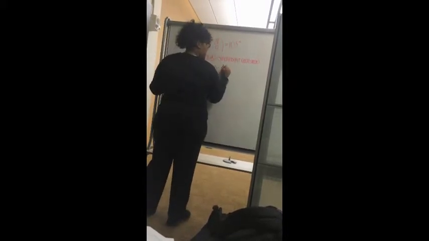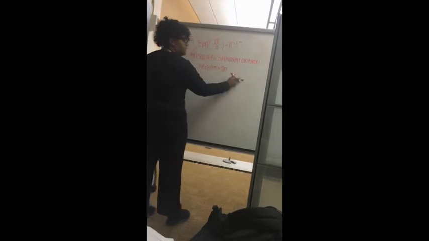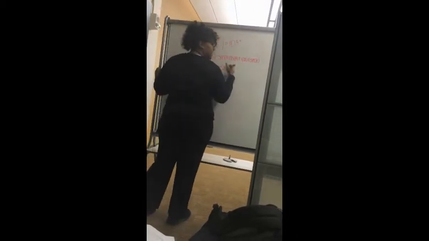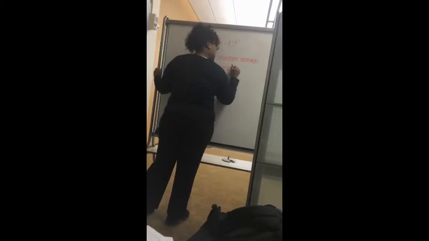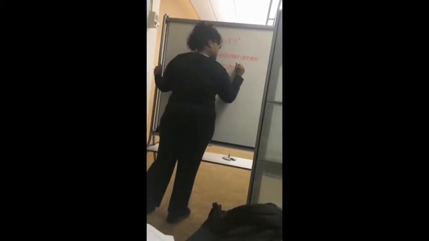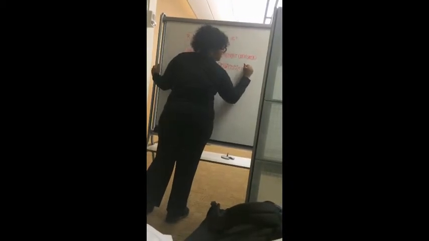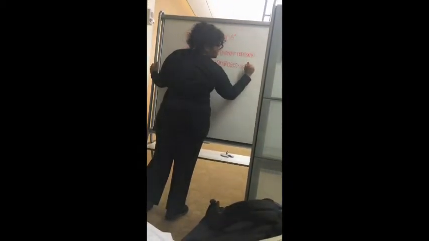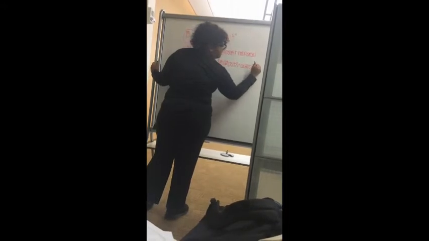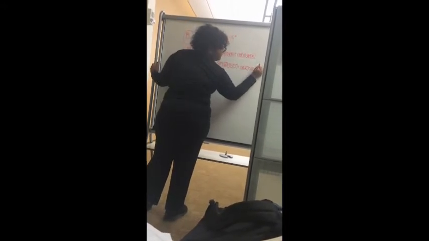And then you just need to distribute throughout the whole problem. So it'd be sine 60 degrees times cosine 45 degrees plus cosine 60 degrees times sine 45 degrees.